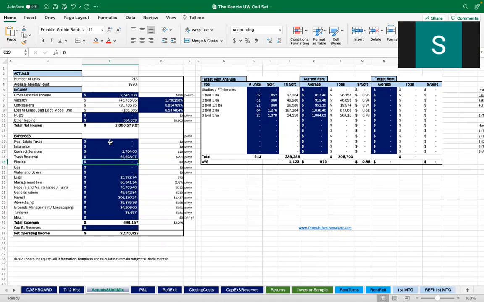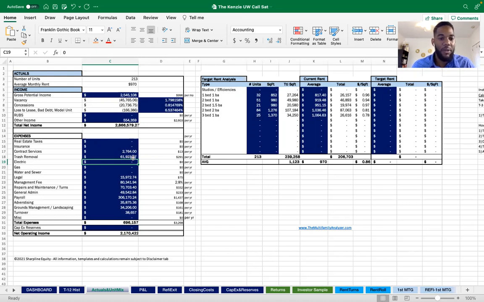Utilities, for example. Yeah, I mean, they usually like to break it out to get an overall idea of what each individual cost is, because as you look at a lot of these deals, you get familiar with what a traditional unit cost would be. For trash removal, you can see the per unit cost is $291. Contracted services is 13.